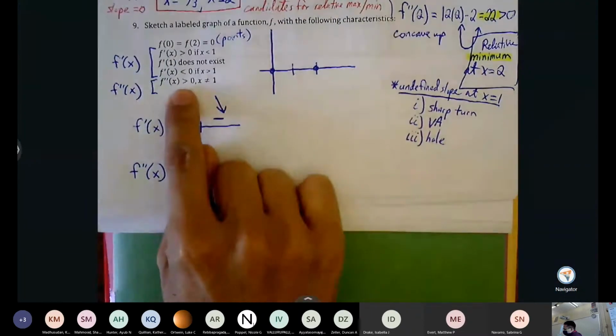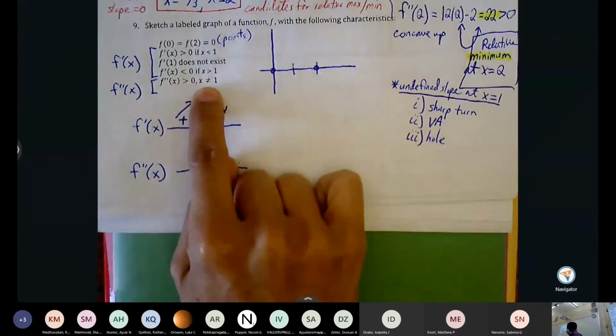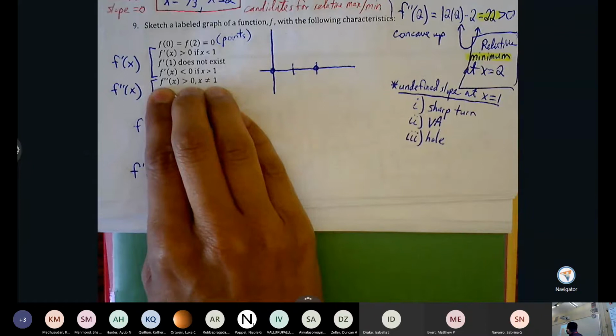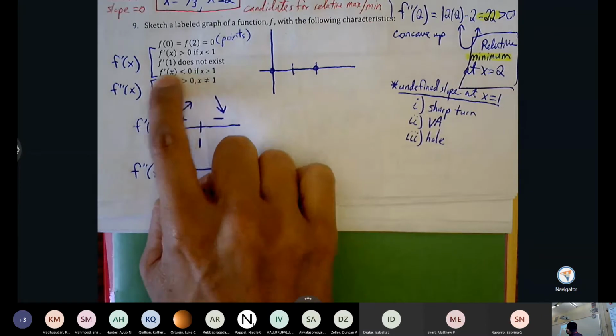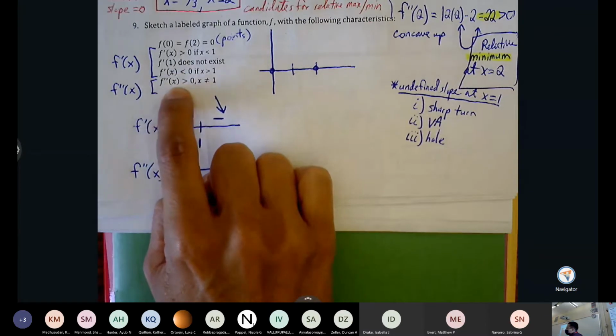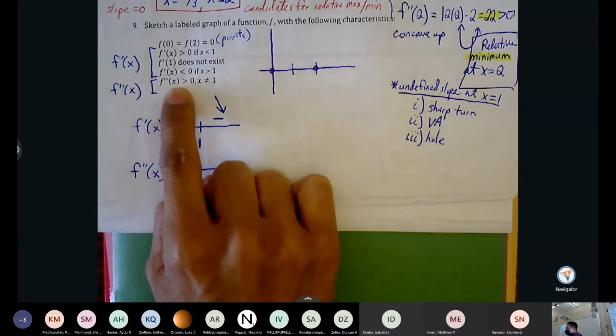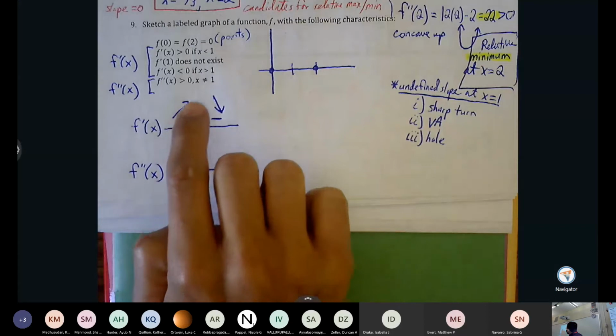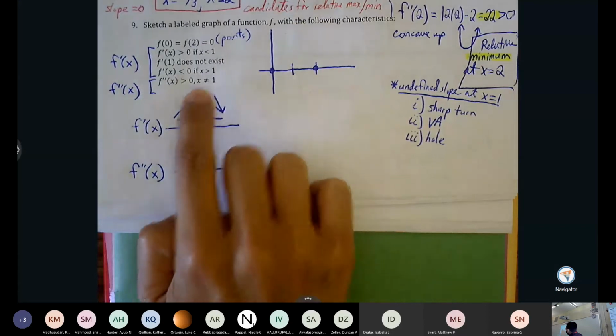F double prime is greater than 0 if x is not equal to 1. Can you say this a different way? What's another way of saying f double prime is greater than 0? Concave up. Okay, where do we want concave up? When x is not equal to 1. Okay, what is not equal to 1?